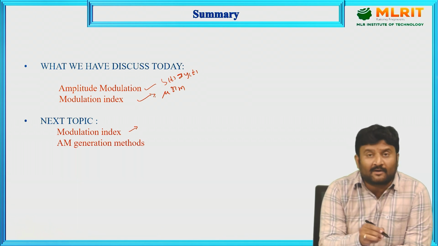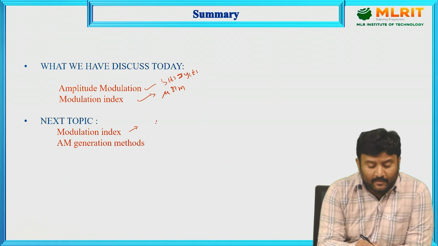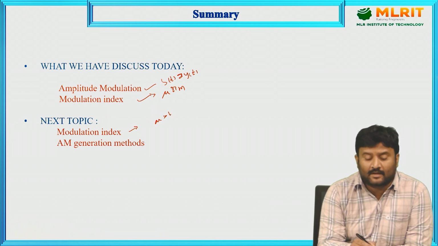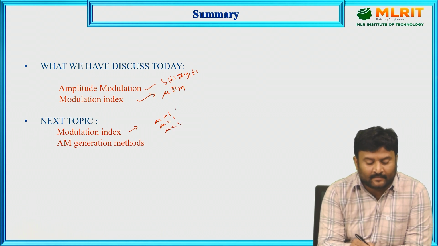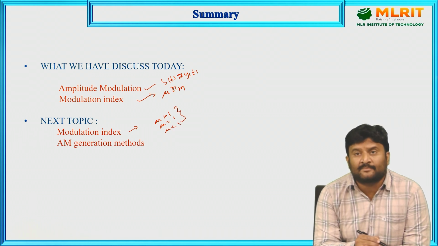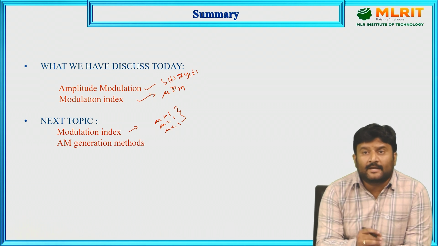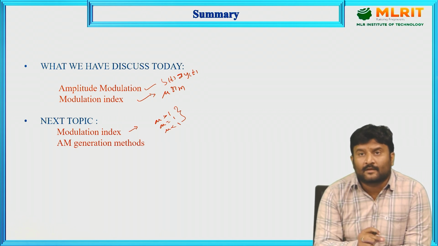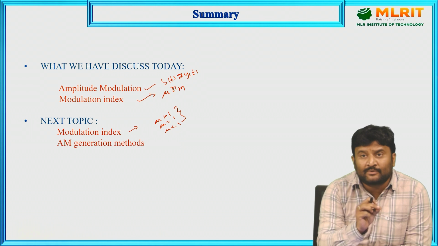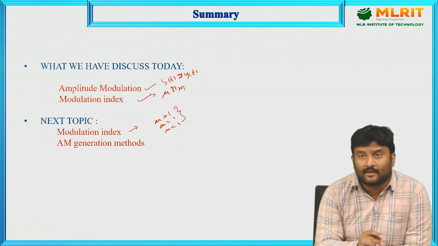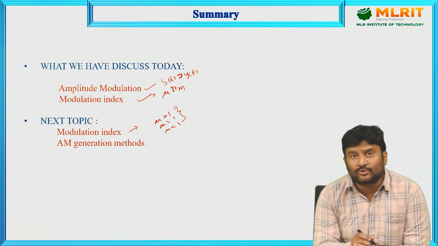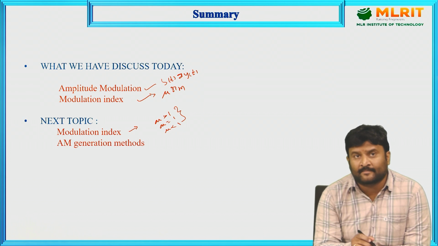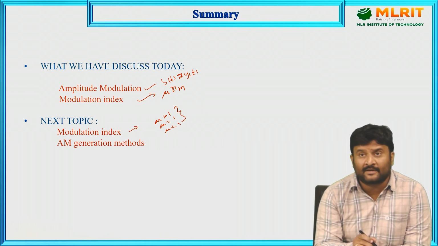But in the case of modulation index, if mu is greater than 1, mu is equal to 1, mu is less than 1, what type of waveforms are we observing, once the amplitude levels reach the zero level? That is called mu greater than 1, mu equal to 1, and mu less than 1. These things can be covered in the next lecture.